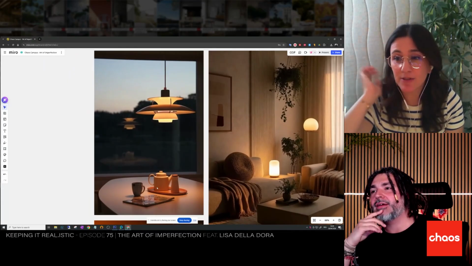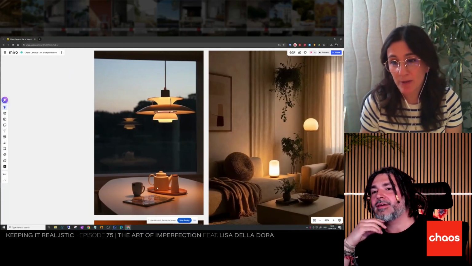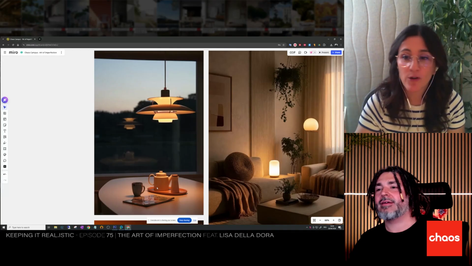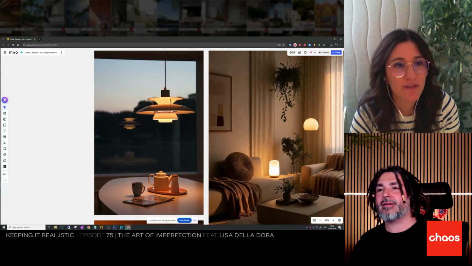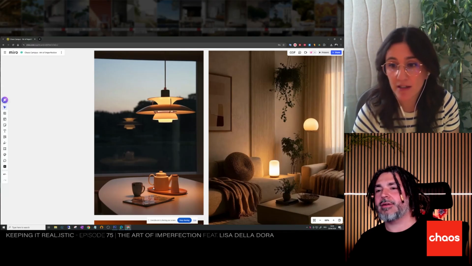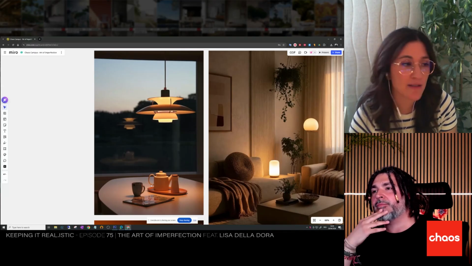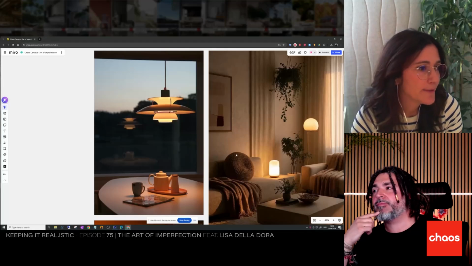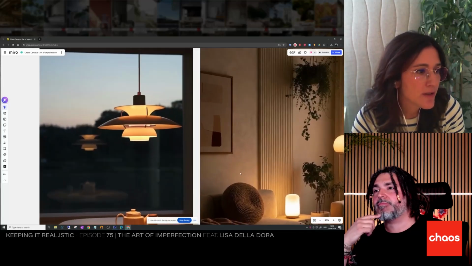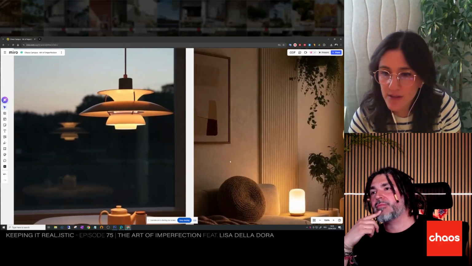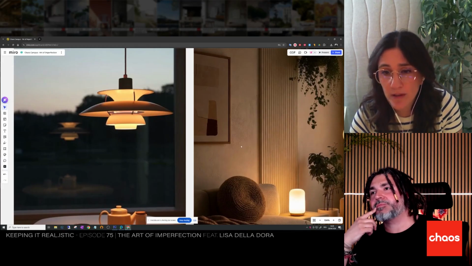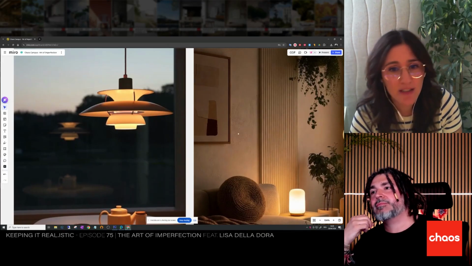It's not easy because Pinterest used to be my go-to, but right now it's flooded with AI stuff. But you can still find some photographers that you really like and go through their website and see what they do. Here you see that it's very simple light, but how it's bringing out the real texture of this wall and how imperfect it is.